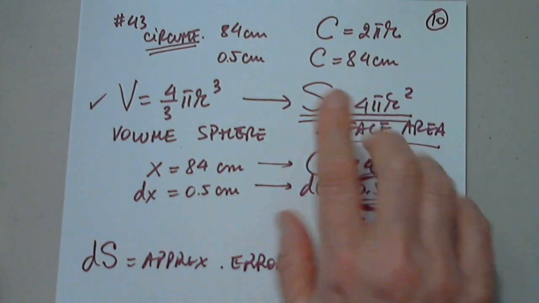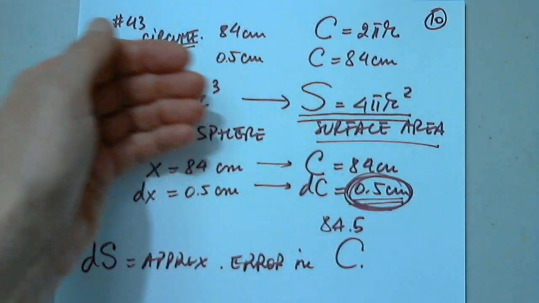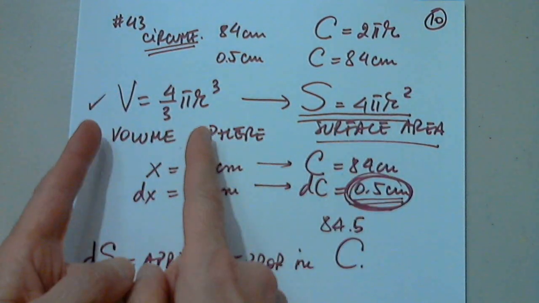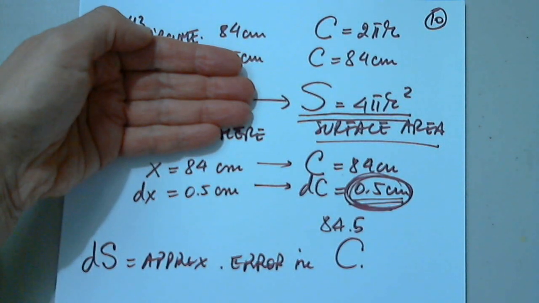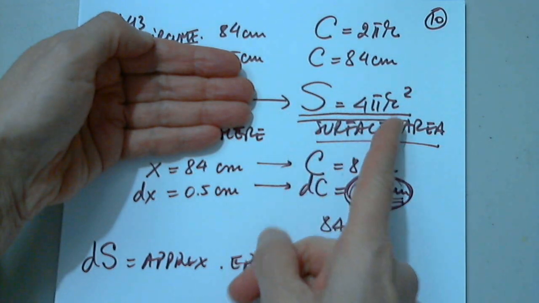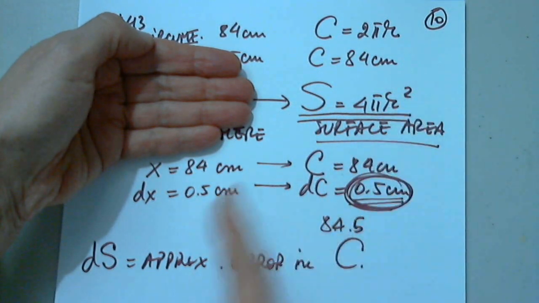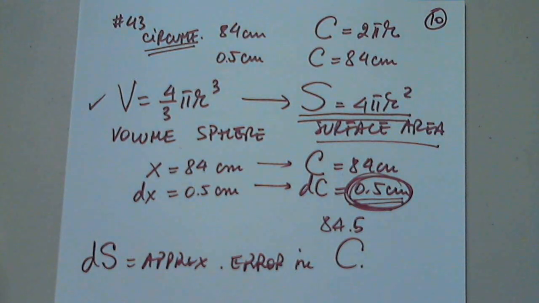So 4/3. No. You don't have to memorize this, but from here you can determine that. There is no volume here. We have a function s of r, which is 4 pi r squared. We want to determine ds for this function.